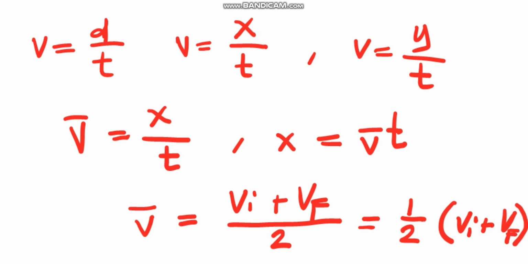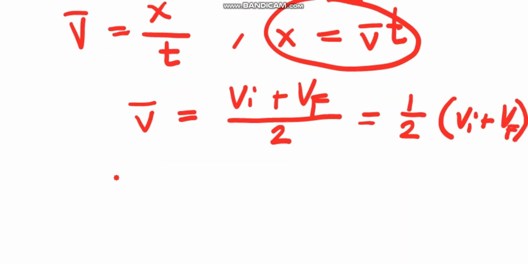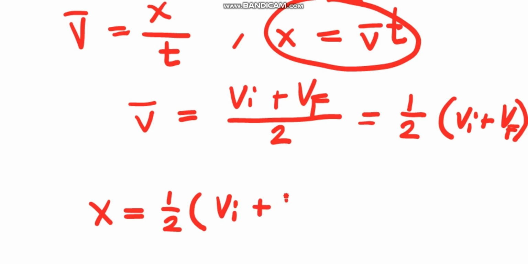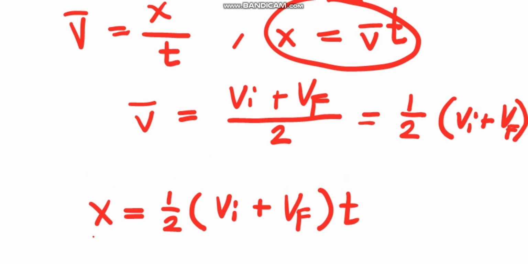Now, substituting it into our equation for the displacement, x is equal to 1/2 times the quantity v initial plus v final times time. This is now our equation number 2.